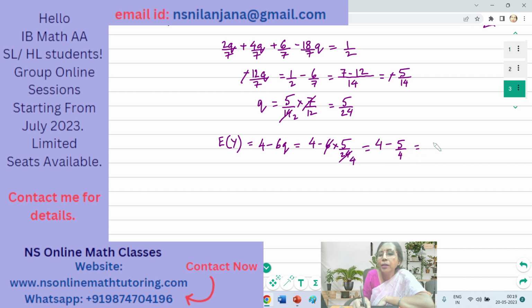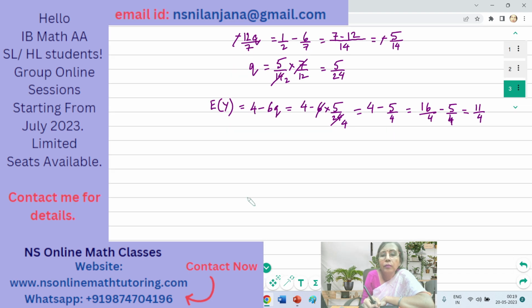Actually, this 4 can be written as 16 over 4 minus 5 over 4, which is equal to 11 over 4. Therefore, expected value of Y is equal to 11 over 4.